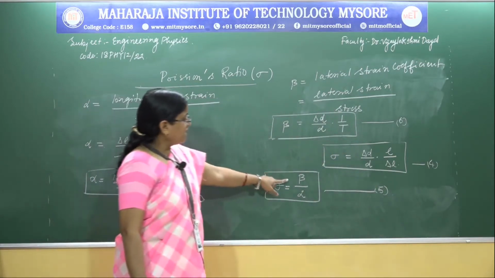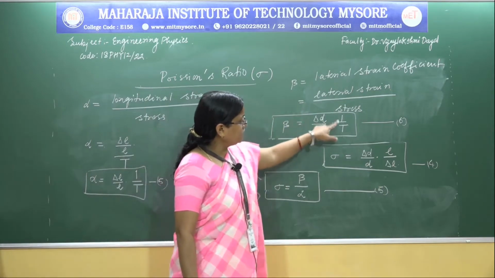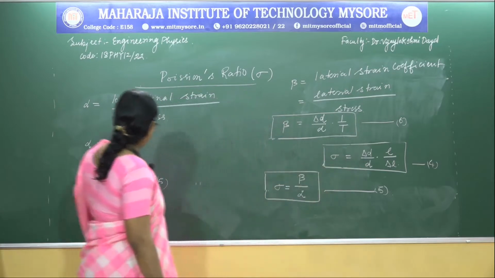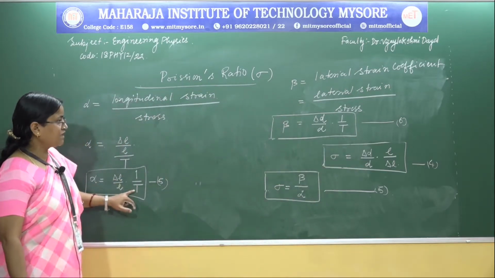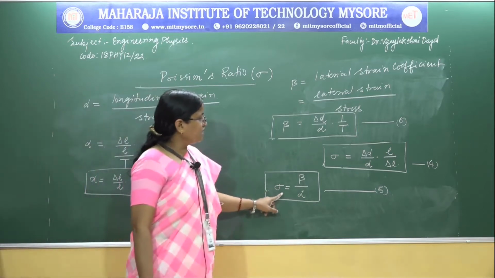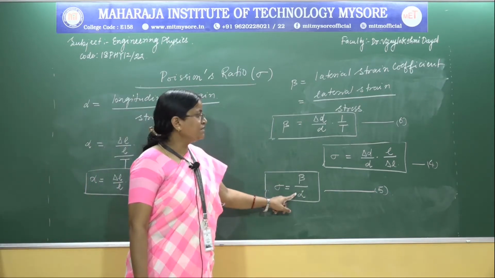You compare it: beta is equal to delta D by D into 1 by T, and alpha is equal to, from here, delta L by L into 1 by T. T cancels out. What we get? Sigma is equal to beta by alpha.